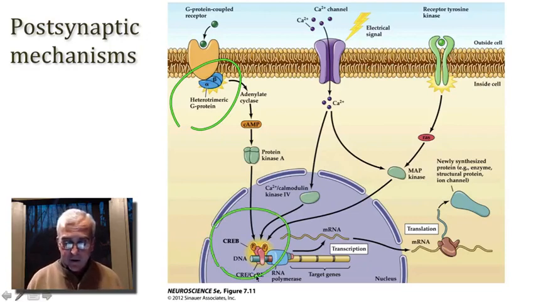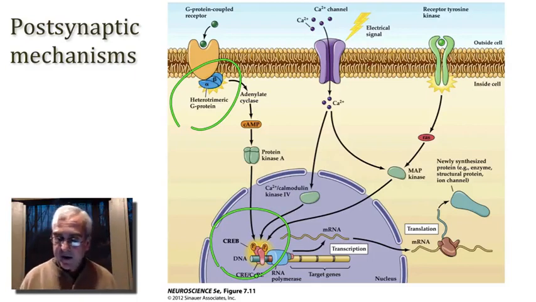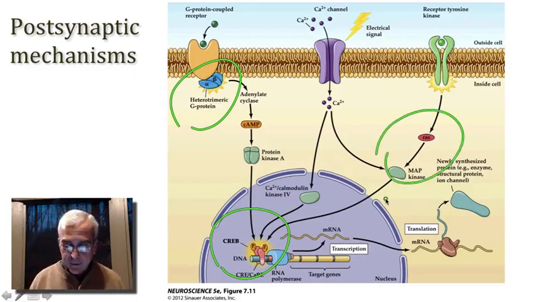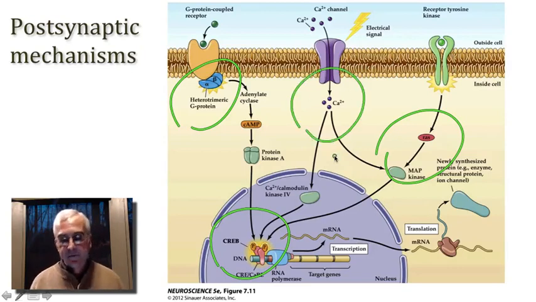Similar CREB modifying pathways can converge upon the same machinery within the nucleus through different pathways. Here's an example of a RAS-mediated pathway also activating CREB. Sudden rises in intracellular calcium likewise can interact with calmodulin-dependent kinases to activate CREB.